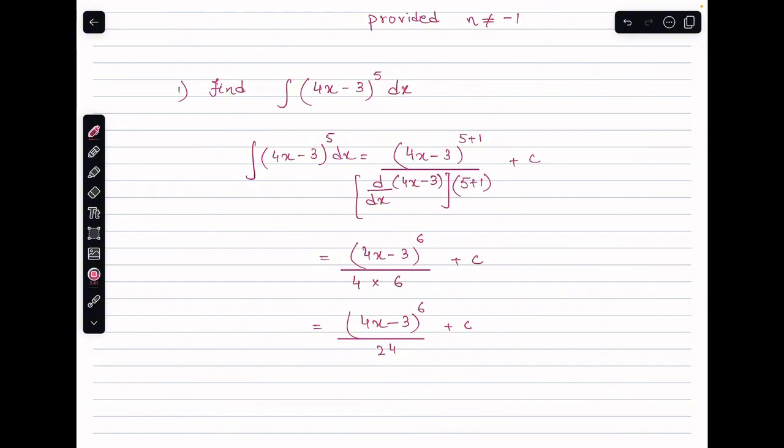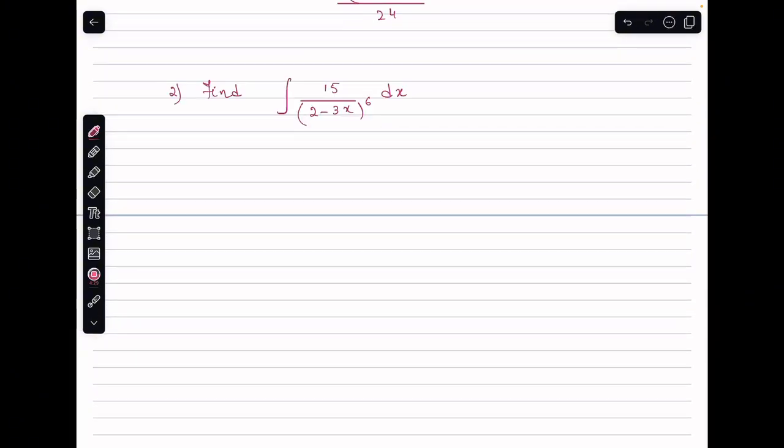Let's do another one. Find the integral of 15 divided by (2 minus 3x) raised to the power 6 dx. So I can take this 15 outside the integral sign, and then take the denominator (2 minus 3x) to the numerator by changing the sign of the power, and then integrate it.